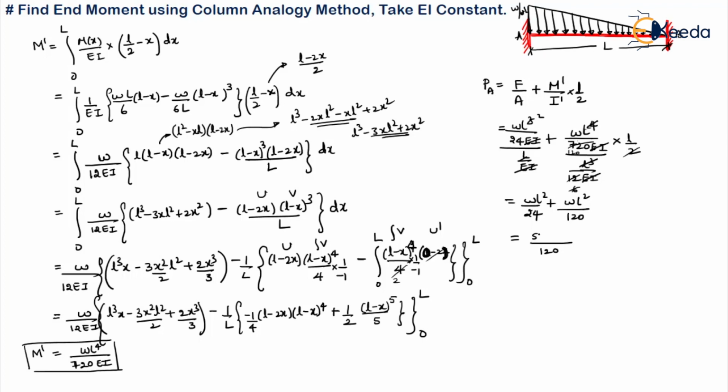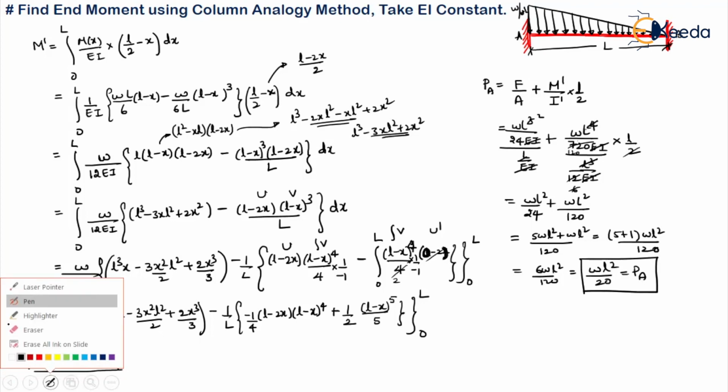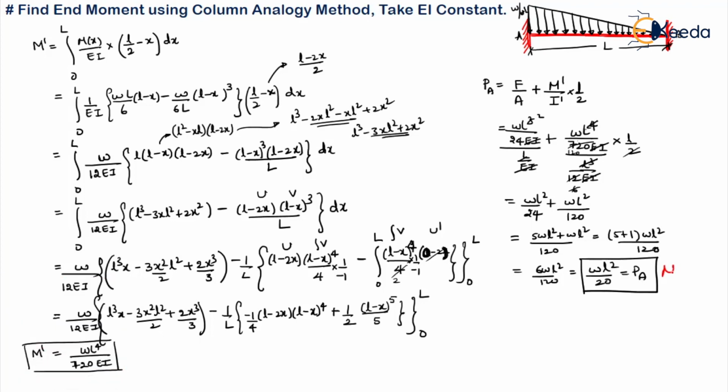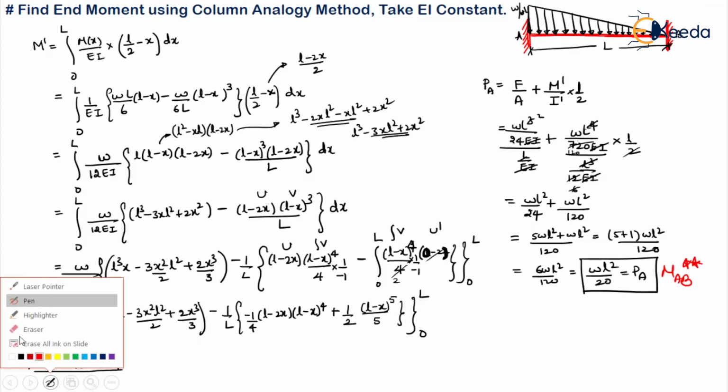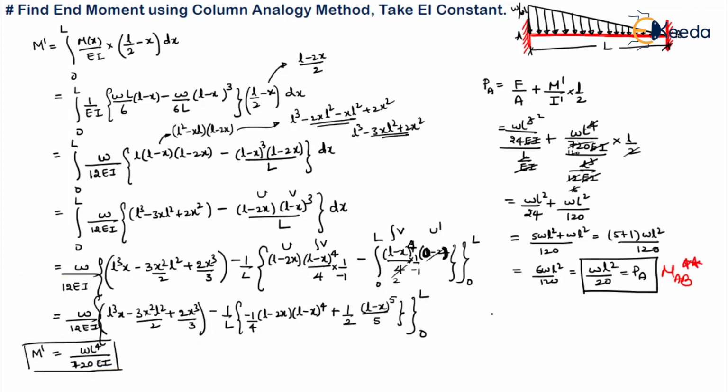So this will be 5WL square plus WL square. That will be 5 plus 1 into WL square by 120. So that's your 6WL square by 120. It will be WL square by 20. This is your PA. This is nothing but your MAB. Understood?